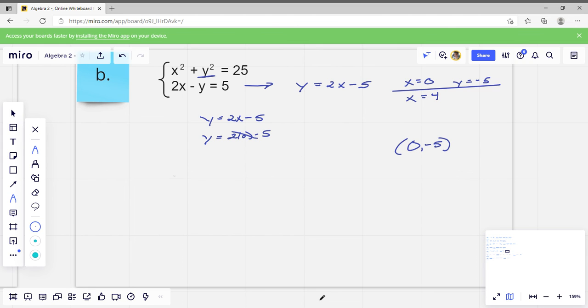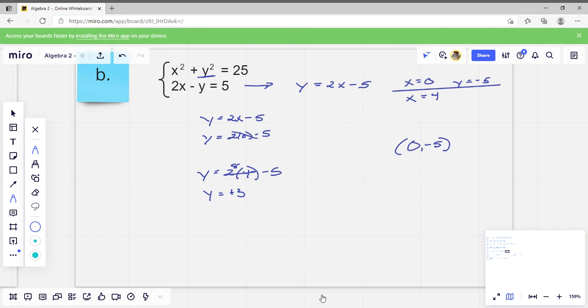Now I'm going to plug in my 4, so y equals 2 times 4 minus 5. That'll be 8. 8 minus 5 will be y equals negative 3. No, that'll be positive 3.